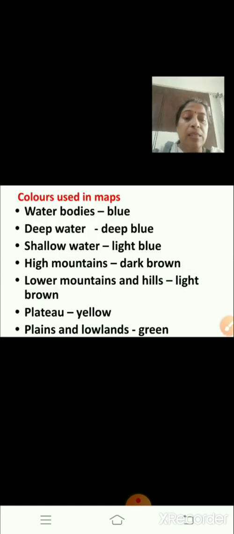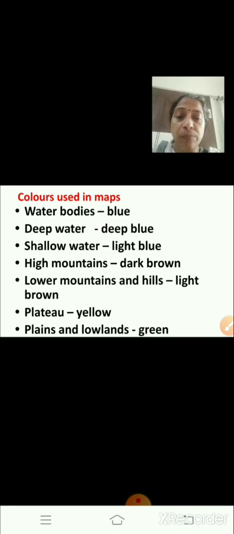So certain standard colors are used in maps to show features such as oceans, seas, mountains, plains, deserts. Blue color shows water bodies. Deep blue shows deep water.